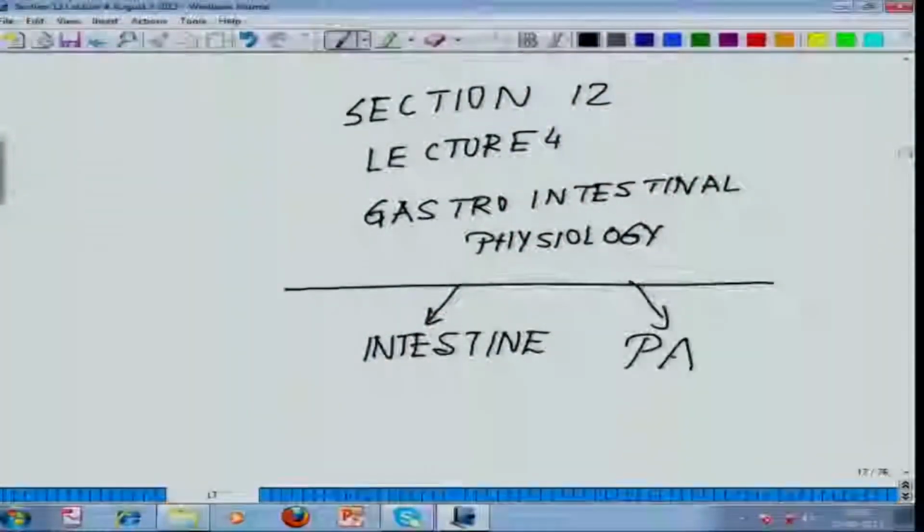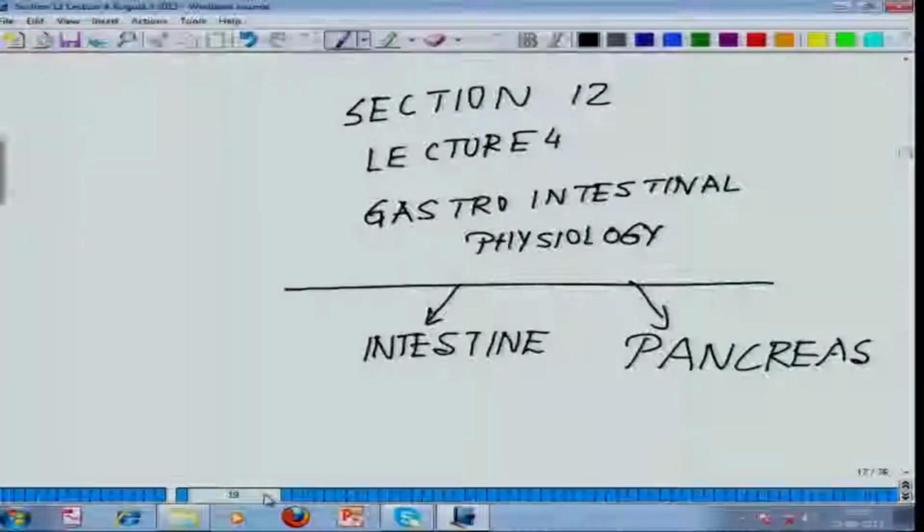If you remember, while we talked about the endocrine system, I told you that there is a series of hormones secreted by the pancreas, and we will discuss those in the digestive system, in gastrointestinal physiology. Once I finish the intestine, we will move on to the pancreas. These are the two things we are going to deal with today. To start off with, the small intestine.